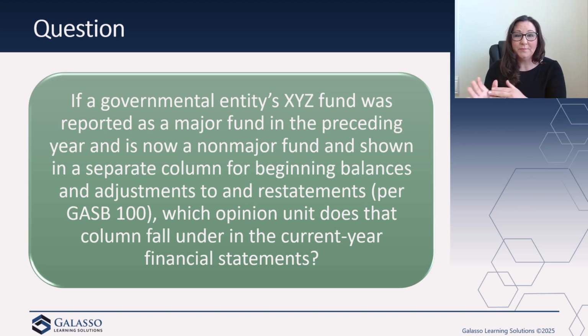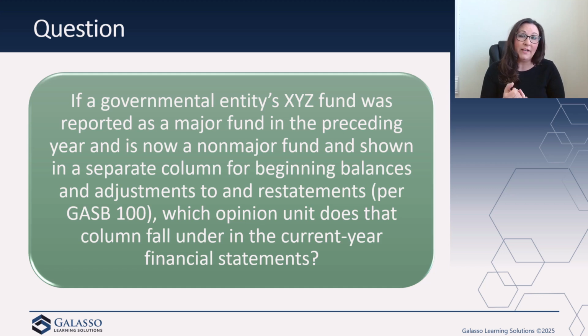Just as a reminder, the AICPA Audit and Accounting Guide for state and local governments specifies that an opinion unit is governmental activities, business-type activities, then the aggregate of discretely presented component units, then each major governmental and enterprise fund, and then the aggregate of those remaining funds.